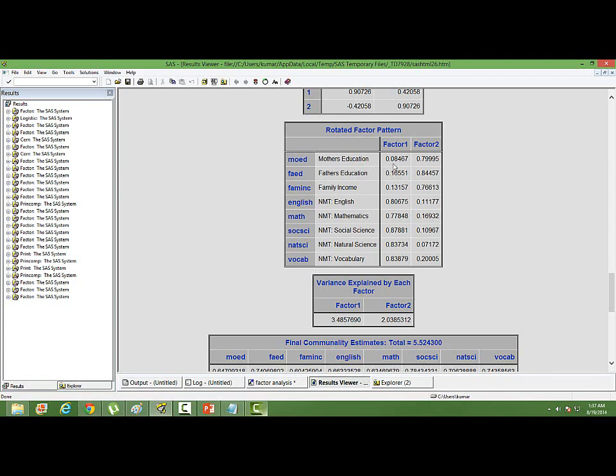You see the difference between the factor 1 loading and factor 2 loading for mother education, 0.08 and 0.79, huge difference, right? So it clearly says that mother education belongs to factor 2 or principal component 2. Similarly, father education belongs to factor 2 or principal component 2. There is a clear distinction. The distance between the loadings is very high, right? So that's where the rotation plays a very significant role. Okay.